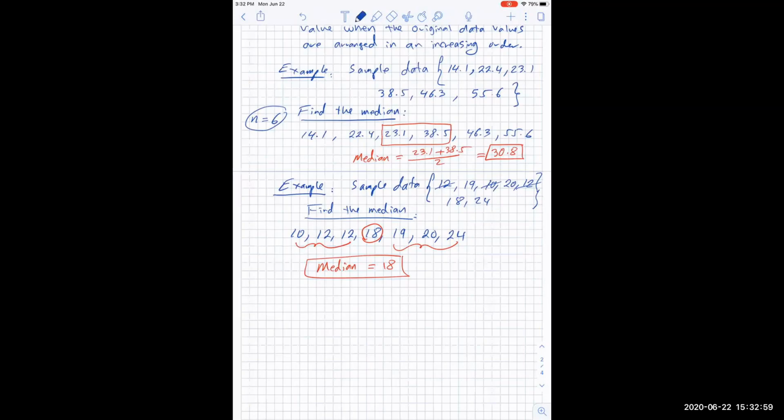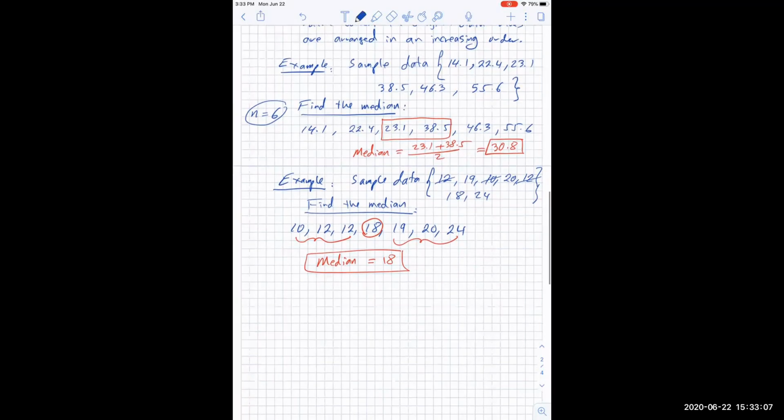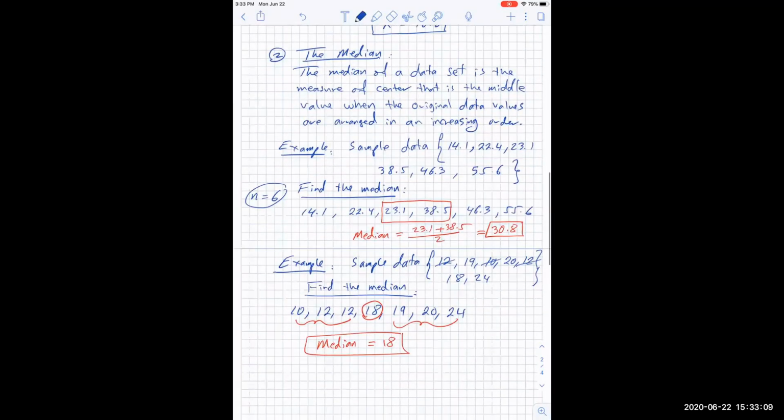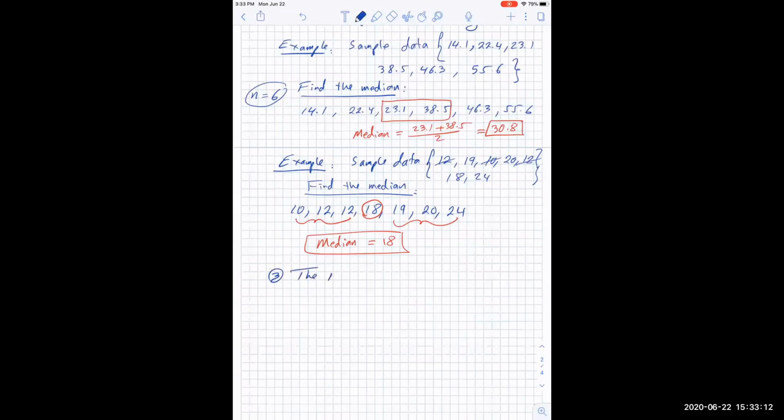All right. The third measure is called the mode. The mode of a data set is the value, or it could be 2 values.